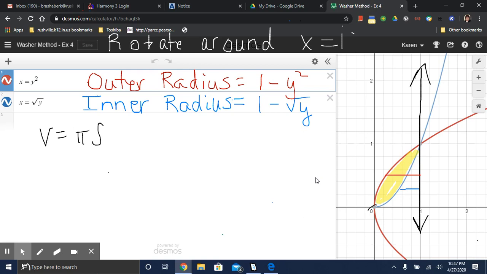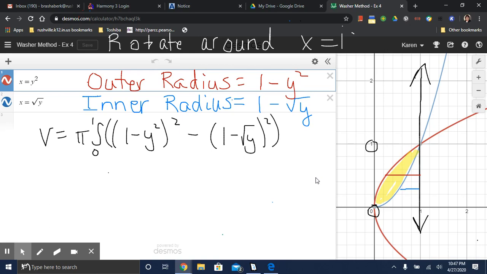We want to go along the y-axis, so from 0 to 1. And we'll take that outer radius, 1 minus y squared, square that, minus the inner radius, 1 minus the square root of y, and square that, dy.